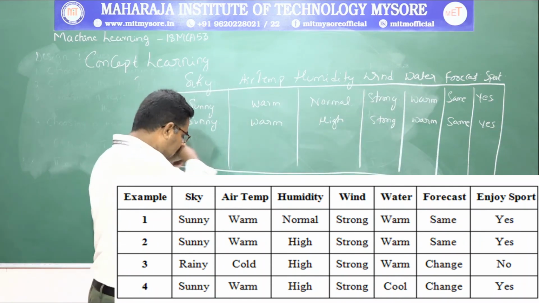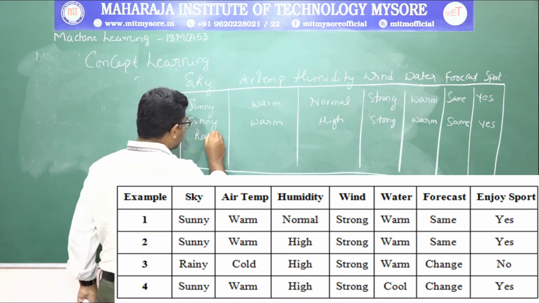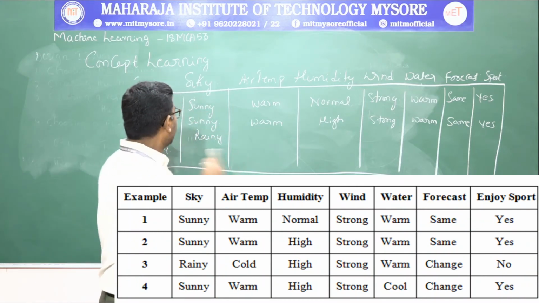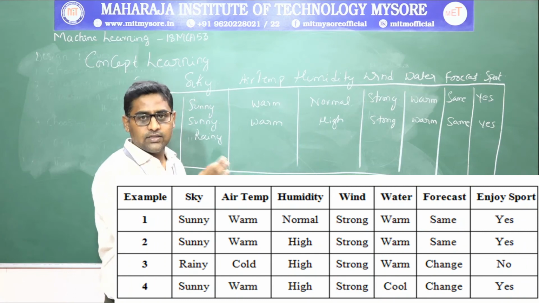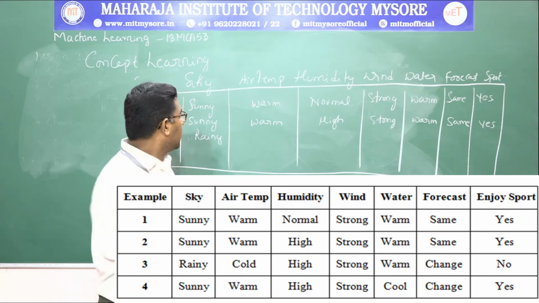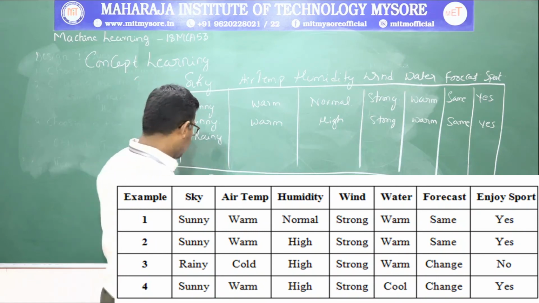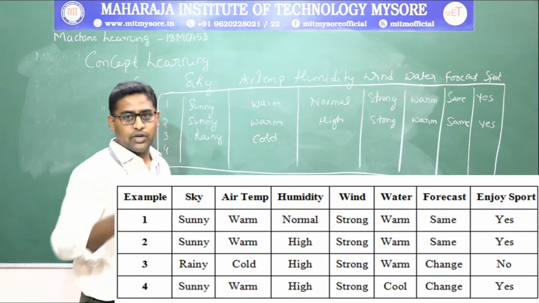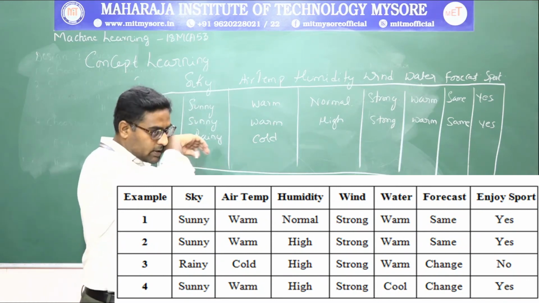Next training set you can say, instead of sunny it is rainy. So instead of saying that sky is sunny, you will say sky is rainy, or the condition is rainy. Then what will be the air temperature? Air temperature will obviously be cold. When it is rainy, air temperature will be cold. Then you will check with humidity.